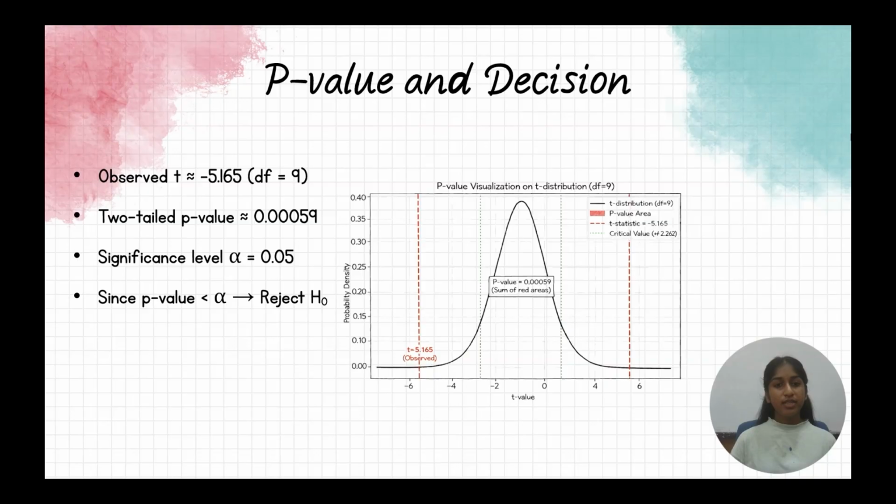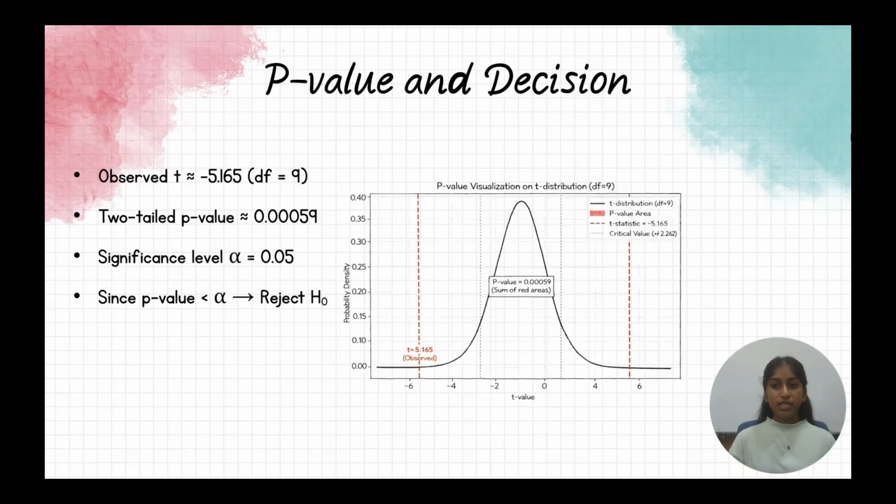Then the two red shaded areas at the tails represent the p-value for a two-tail test. The total p-value is about 0.00059, which is written in the box on the graph, and our significance level is 0.05.